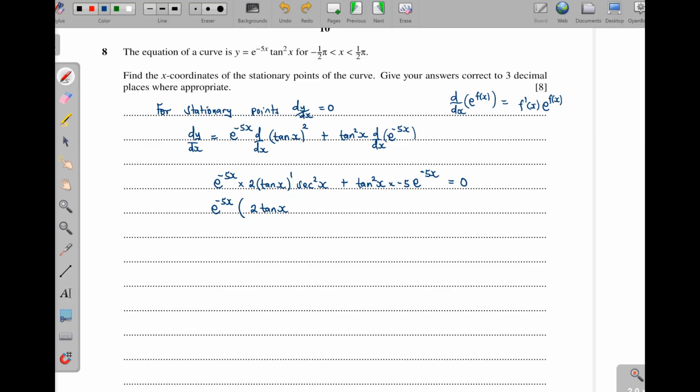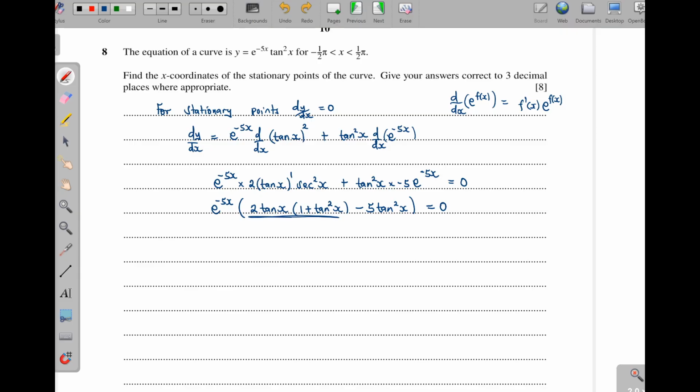And this one can be 1 plus tan squared x. Are we there? And then here we shall have minus 5 tan squared x. Then this one will be equal to 0. Now e to the power of this one here, okay, or I can have maybe this one written down.